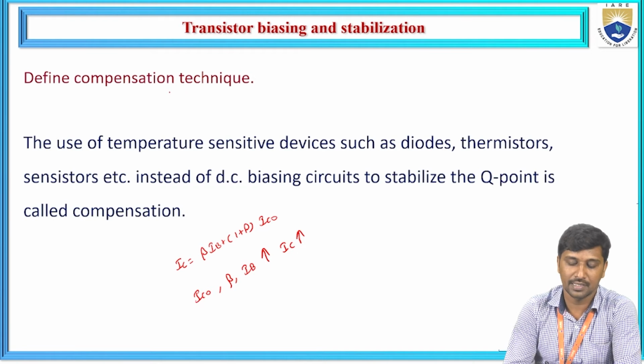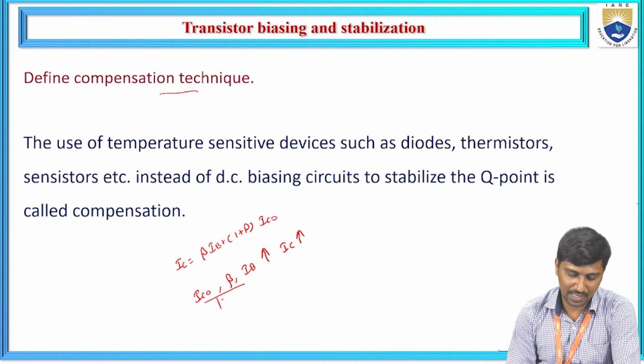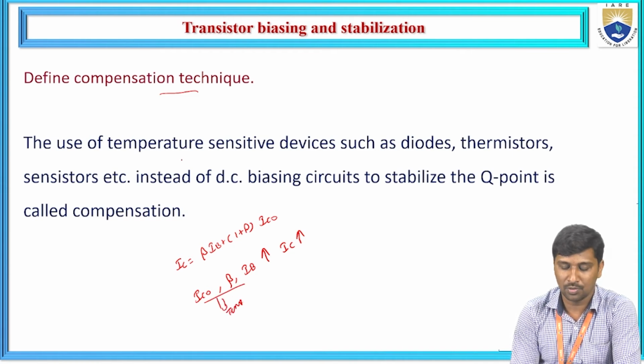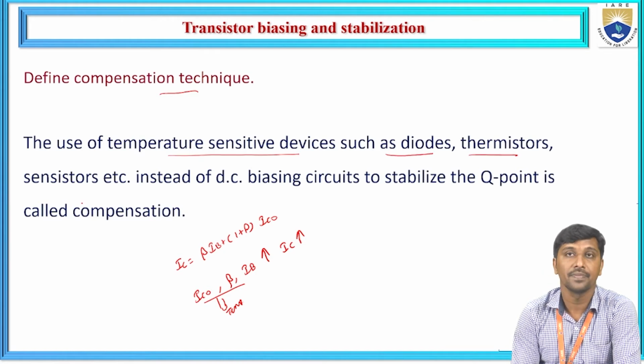These methodologies are called compensation techniques. All these parameters are temperature dependent. Hence we use temperature sensitive devices like diodes, thermistors, transistors, etc. to compensate the change in collector current.